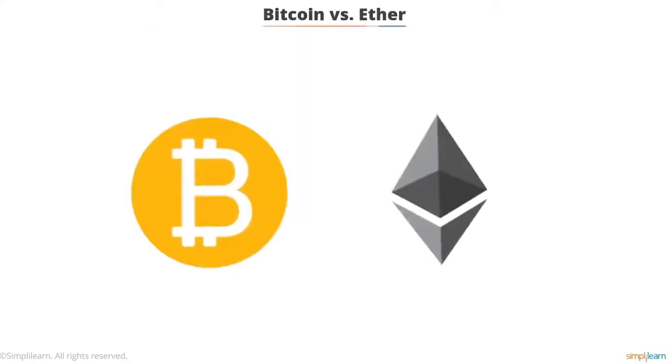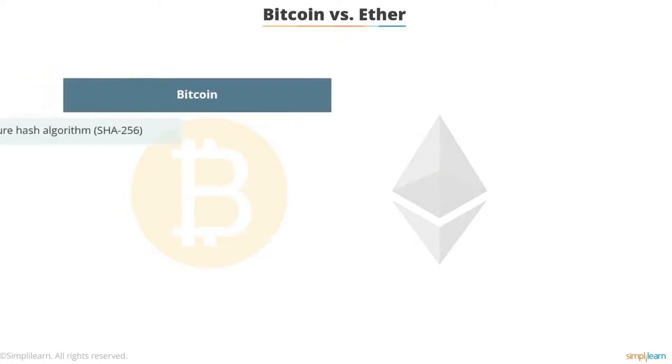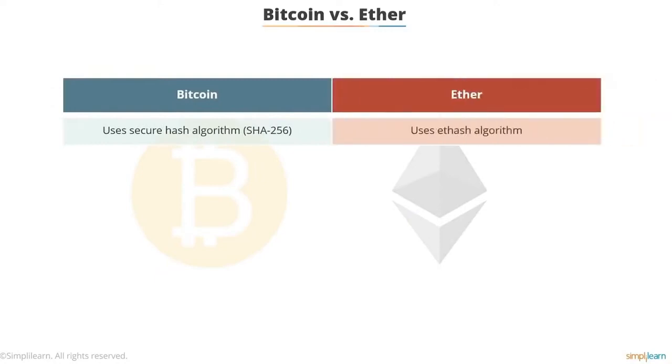Bitcoin versus Ether. The first difference is in the hashing algorithm used by these cryptocurrencies. While Bitcoin uses SHA-256 to encrypt blocks of the blockchain, Ethereum uses Ethash to encrypt blocks. Technically, both are one-way cryptographic hash functions.